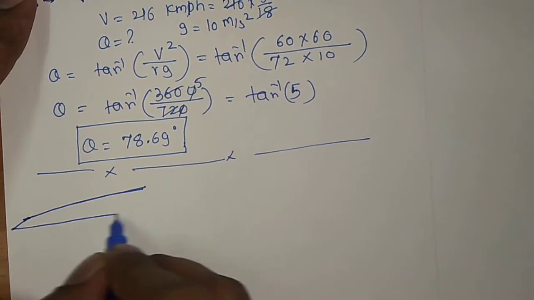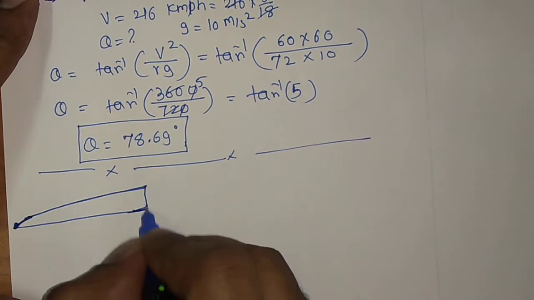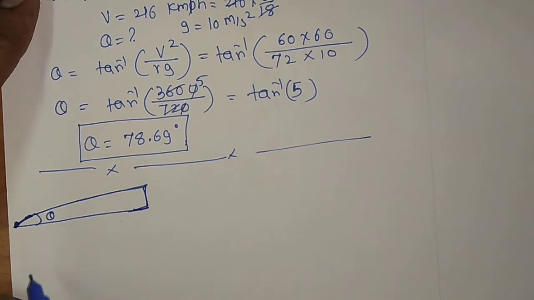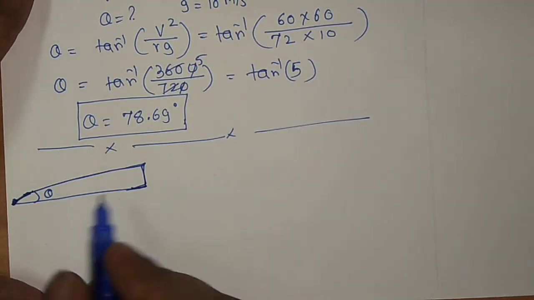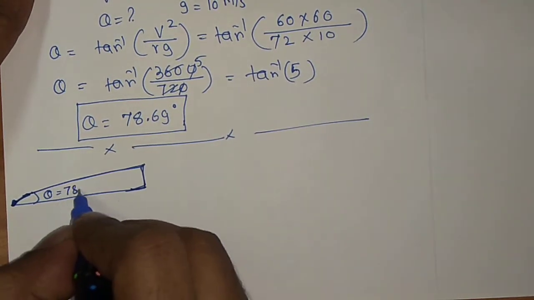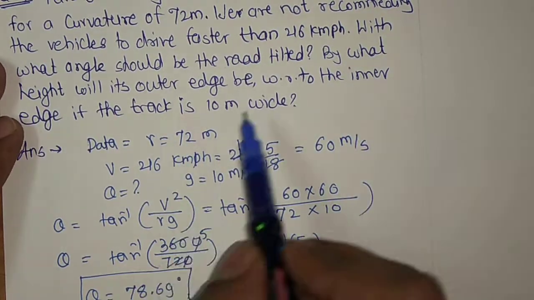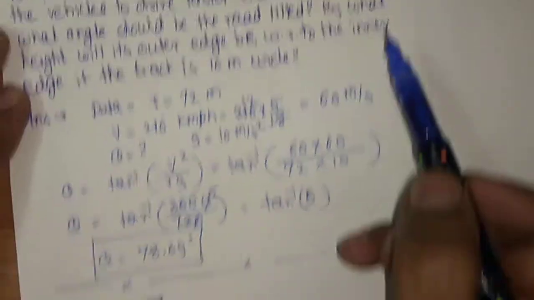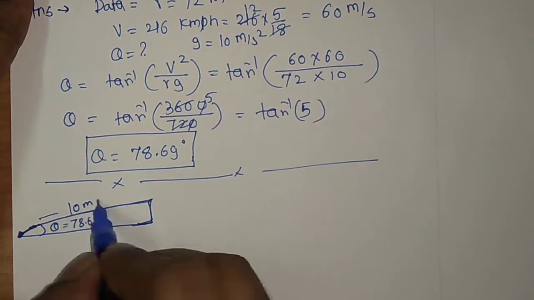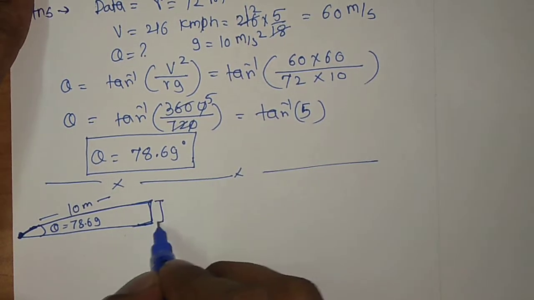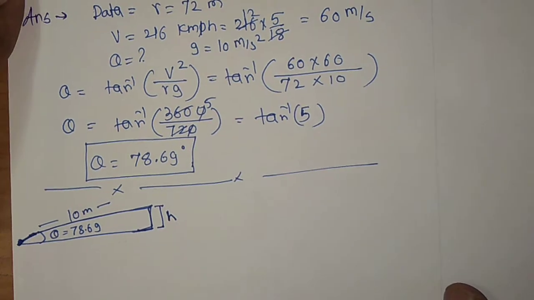So let us consider this is the inner edge and this one is the outer edge. Okay, so this is theta by which the road is inclined. So our theta is 78.69, but what they have given to you is that the track is 10 meter wide. So the length of the track is given, that is nothing but 10 meter. You have to find out the height to which the road is inclined.